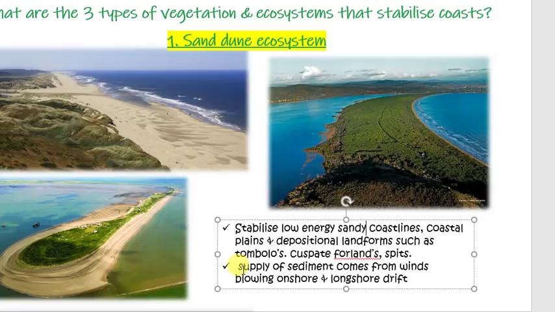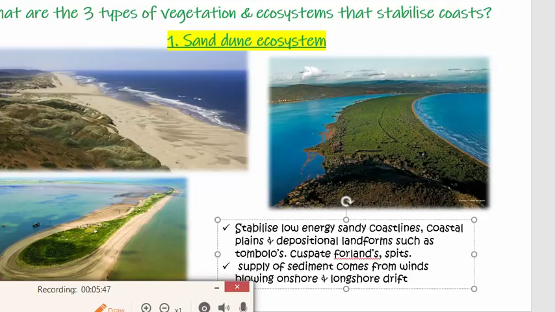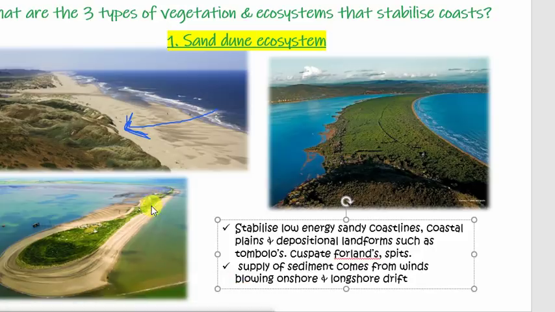Normally, your supply of sediment will come from onshore winds, which are blowing, surprise, surprise, onshore this way. All right, so there's a supply of sediment constantly into these environments, or longshore drift. So tombolos and spits, for instance, are formed by supply of sediment drifting along a drift-aligned coast. Okie dokie.